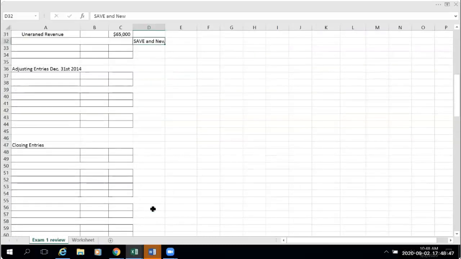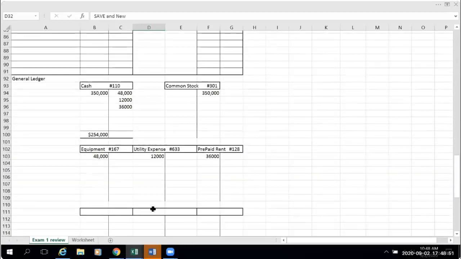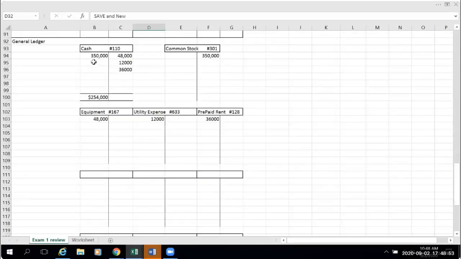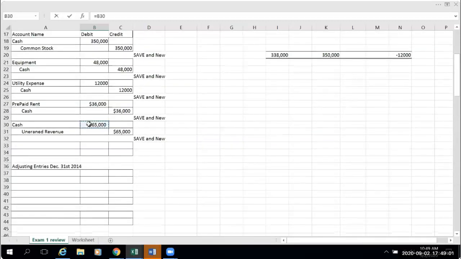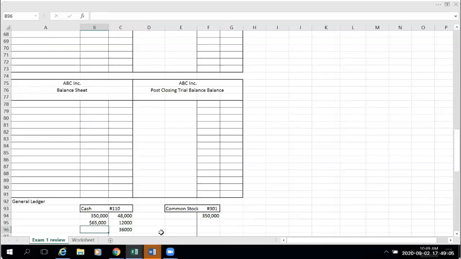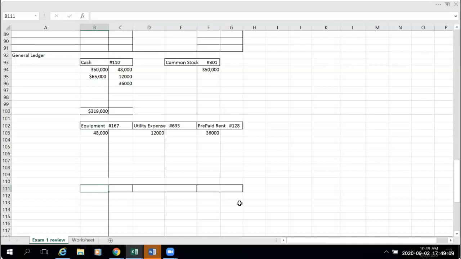Okay, let's post it. Down here. So you got $65,000 equals to, go up, click on that $65,000 debit, click enter, and unearned revenue will be somewhere here.